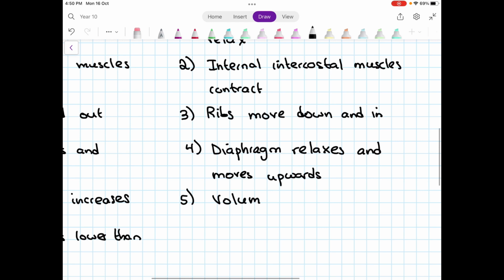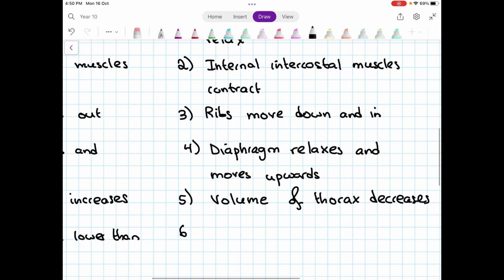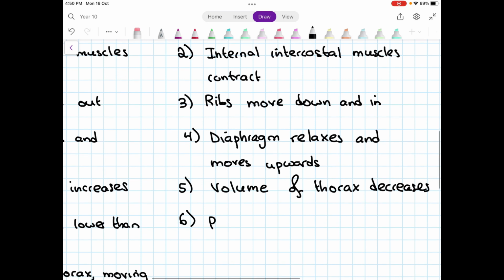The volume of the thorax decreases. The pressure in the thorax is higher than atmospheric pressure.